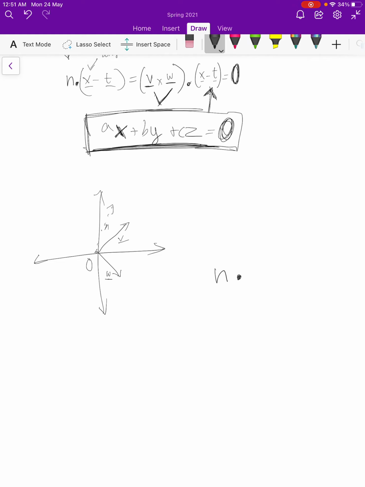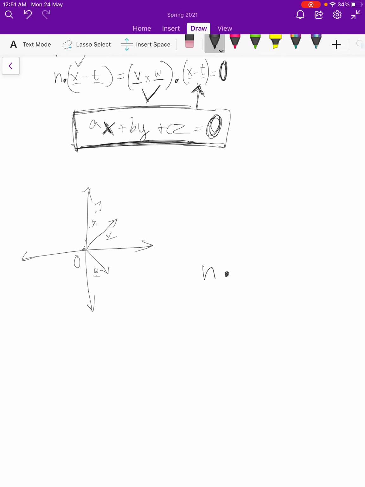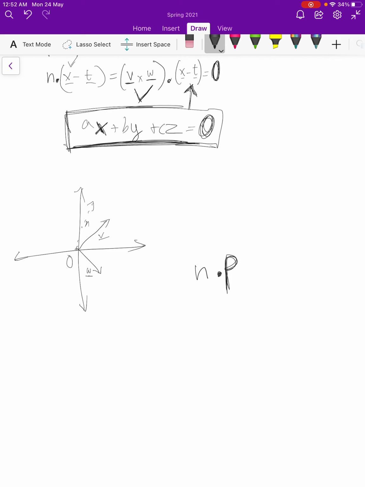Any vector in this plane can be found using your equation, of course. And it can also include p, since if it goes to the origin, p is related. So n dot p will also be 0.